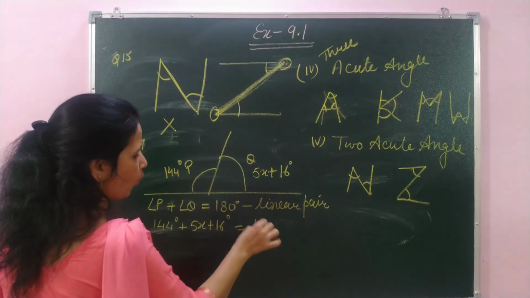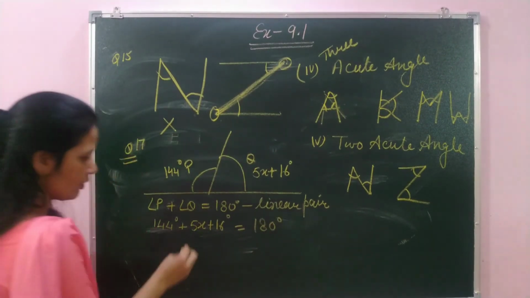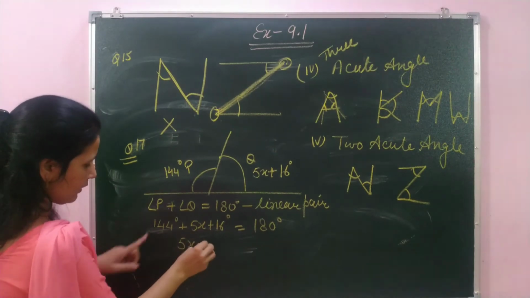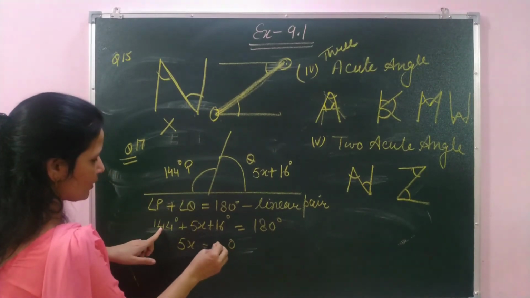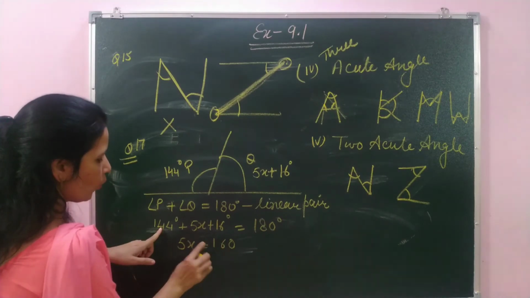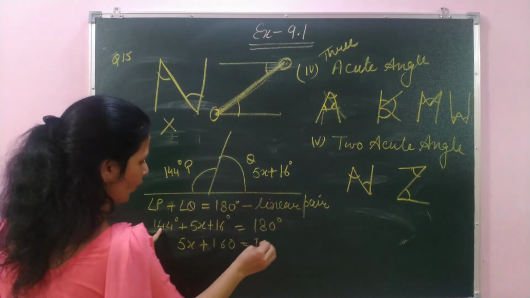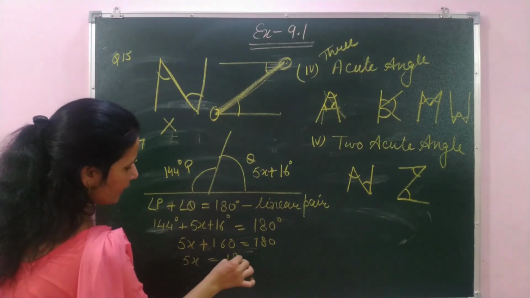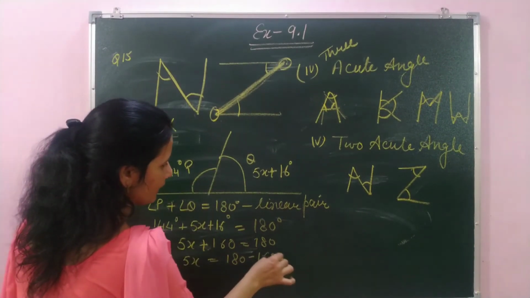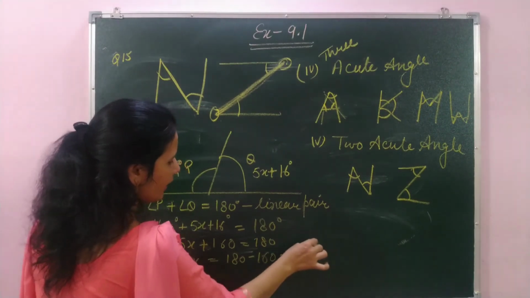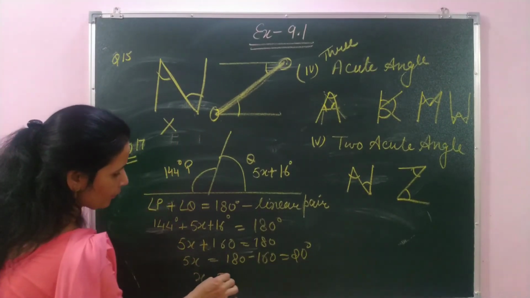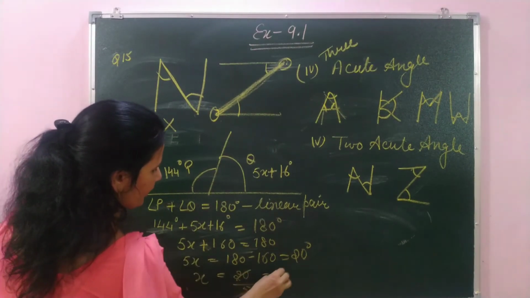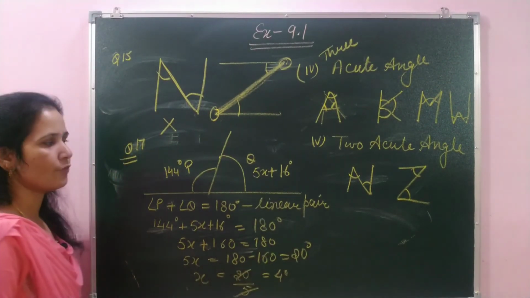Their sum is 180 degrees. So students, 144 plus 16 equals 160, and 160 equals 180. So 5x equals 180 minus 160, that means 20 degrees. And the value of x is 20 divided by 5, 5 fours are 20. So the value of x is 4 degrees.